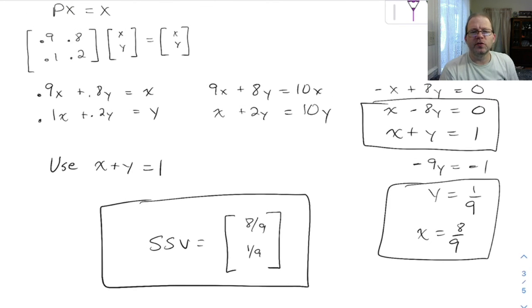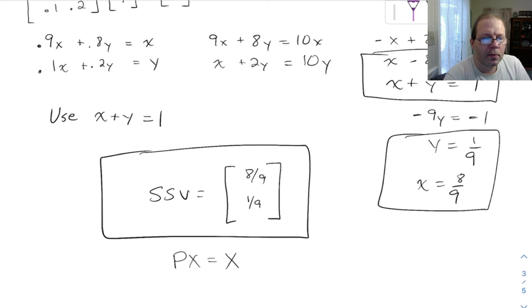That's how you do this if you wanted to do it by hand and not use a computer for it. This kind of foreshadows one of the concepts we're going to do later in the semester called eigenvalues. If you think about it, this steady state vector is the solution to Px = x.